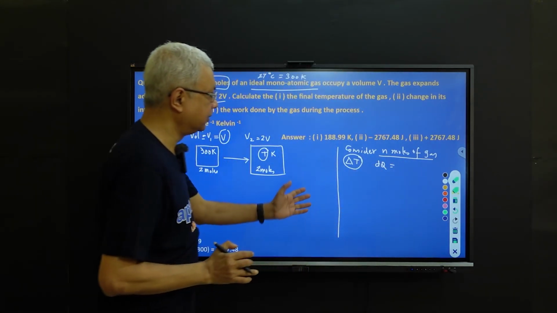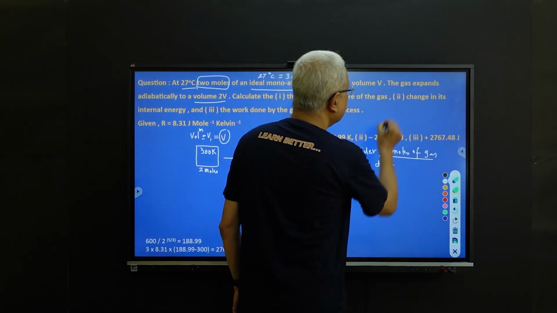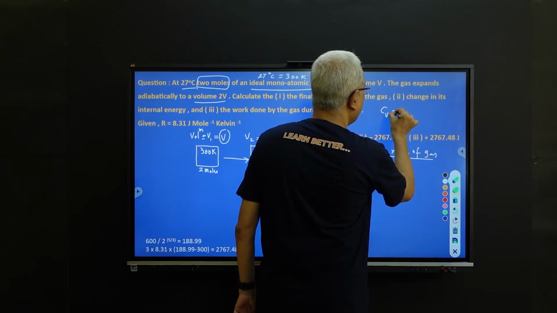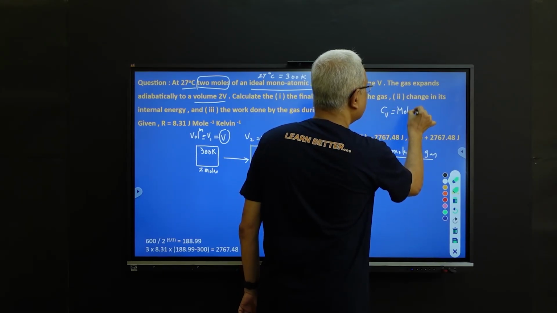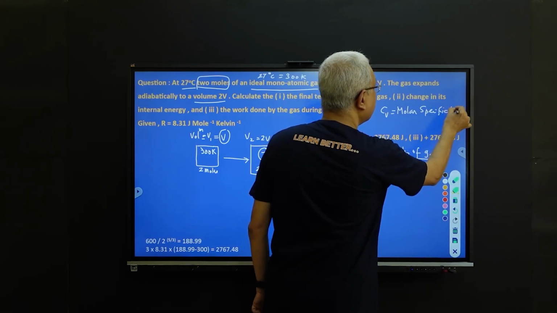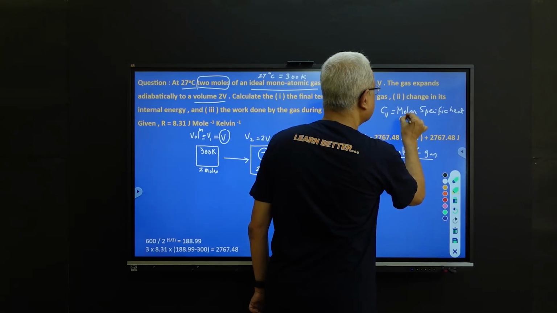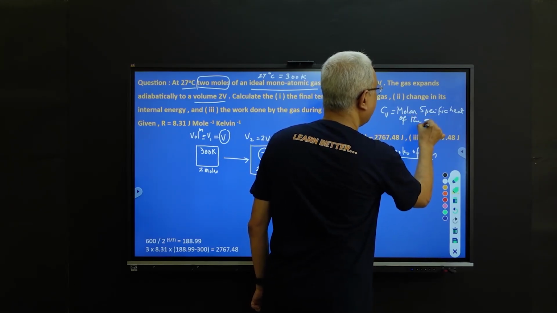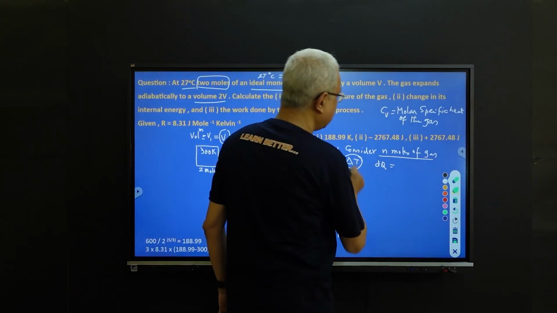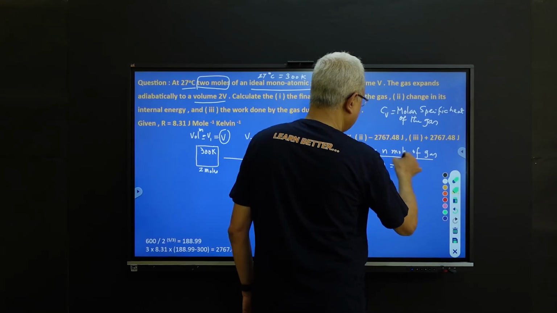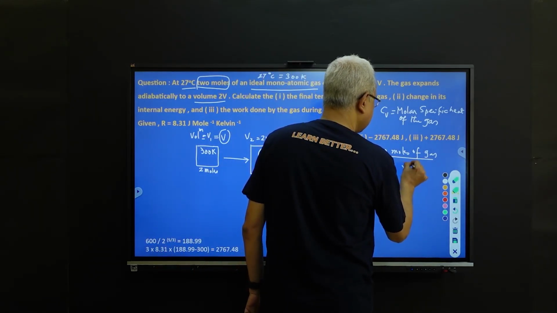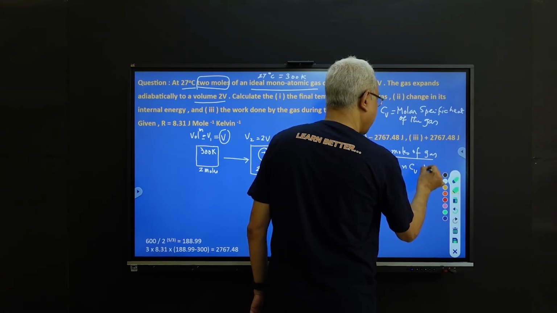If the temperature is increased keeping the volume constant, then Cv, the molar specific heat of the gas, gives the heat required to raise the temperature by delta T for this n moles of monoatomic gas, which is obviously n Cv delta T.